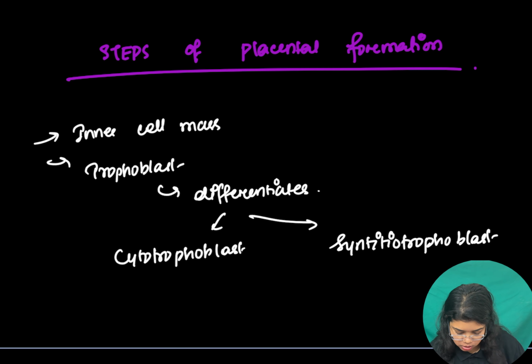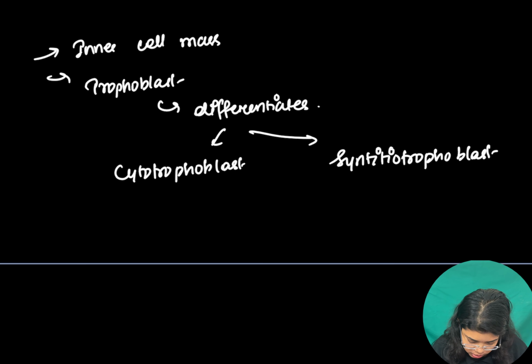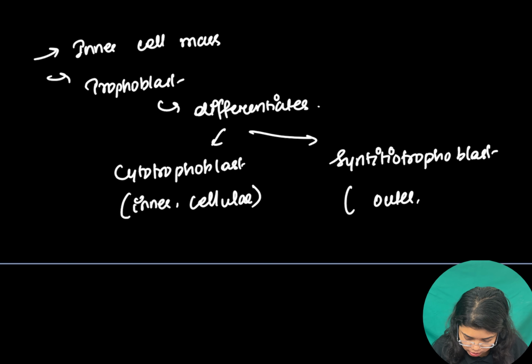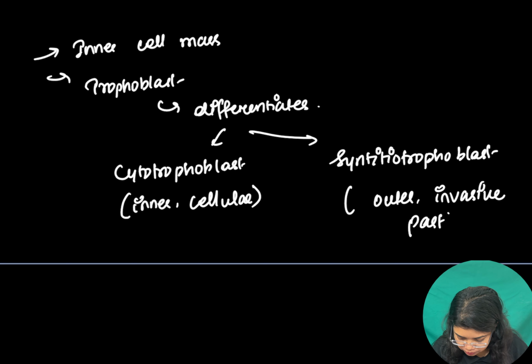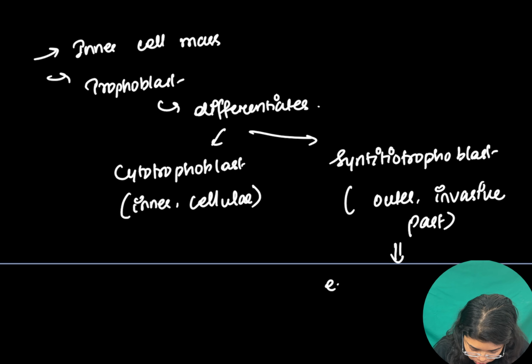Cytotrophoblast is the inner cellular part, and syncytiotrophoblast is the outer invasive part. The syncytiotrophoblast erodes the maternal capillaries and forms the lacuna.